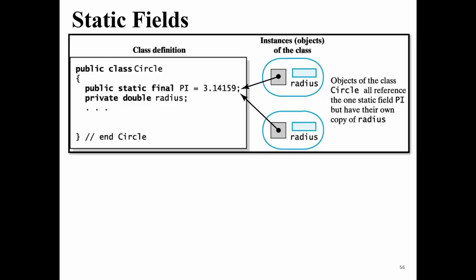Now, as you can see, we have a private double radius. Radius is an instance variable. So whenever you create an object, you have a different value for the radius. But all the objects from this circle class share the same pi value. So as you can see, all the instance objects share pi, but they have different copies of radius.